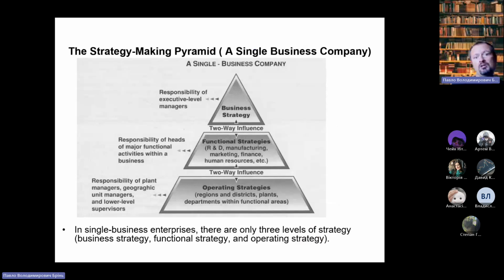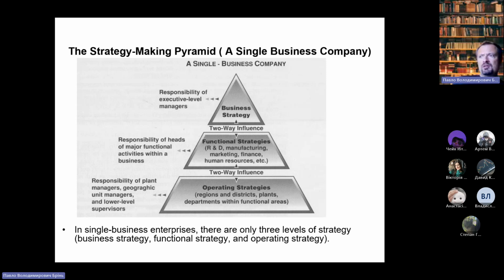And one more thing: if a company is a non-diversified company, a single business company, it has just three levels of strategies: business strategy, functional strategy, and operating strategy.